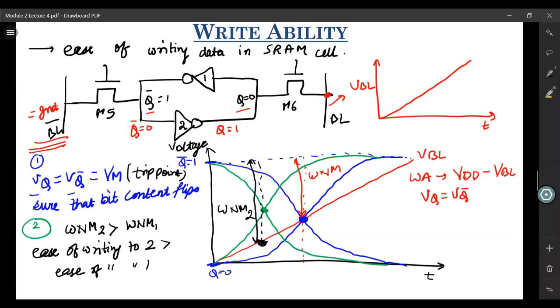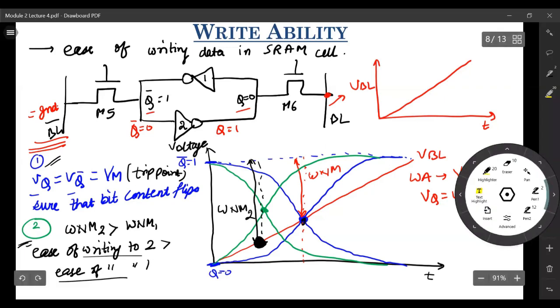This diagram simply means that the bitline voltage for which you are able to flip the data of inverter 2 is smaller compared to the bitline voltage for which you are able to flip the contents of cell 1. So if a lower bitline voltage is needed to flip the contents of 2 compared to 1, it is definitely easier to write to 2 than to 1.